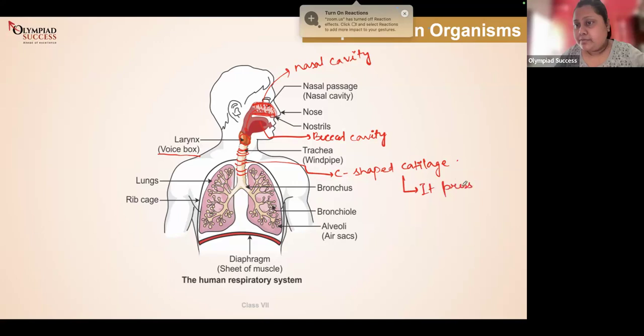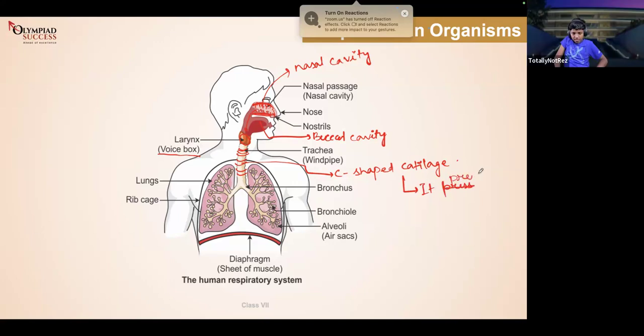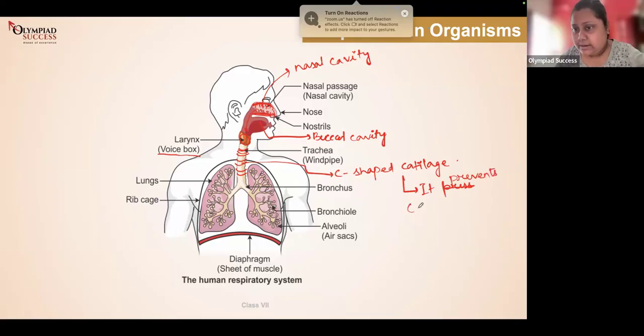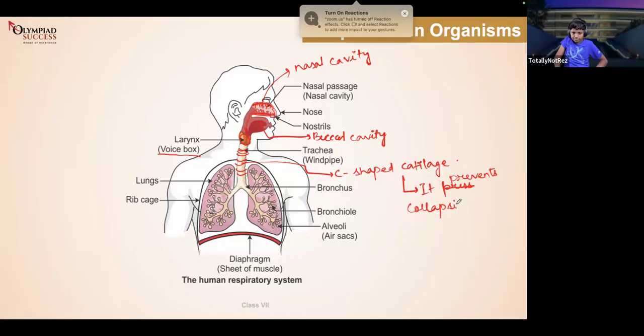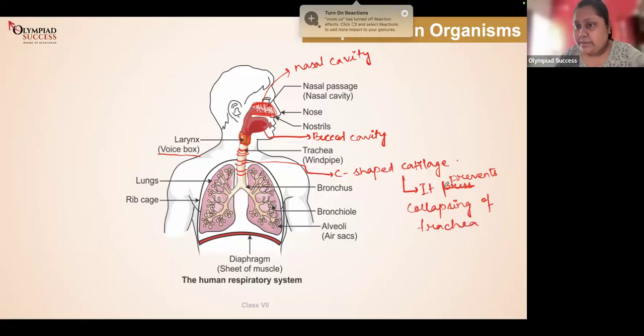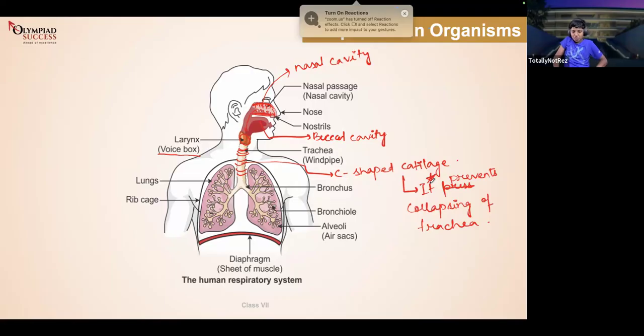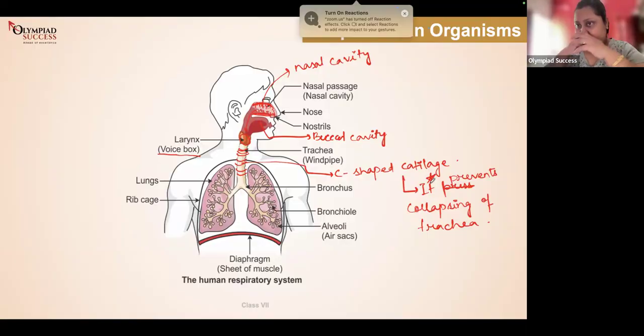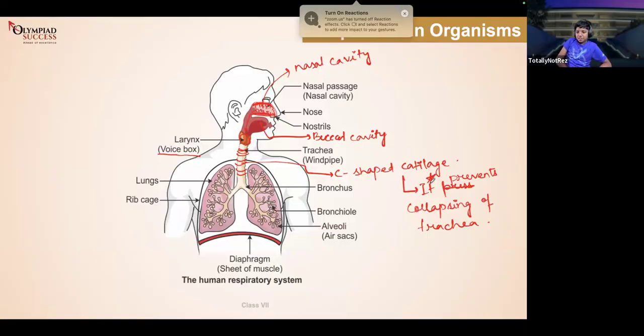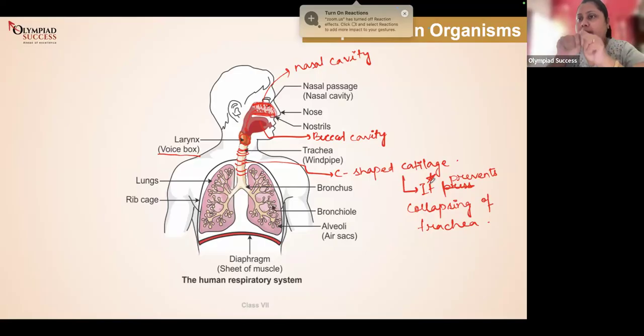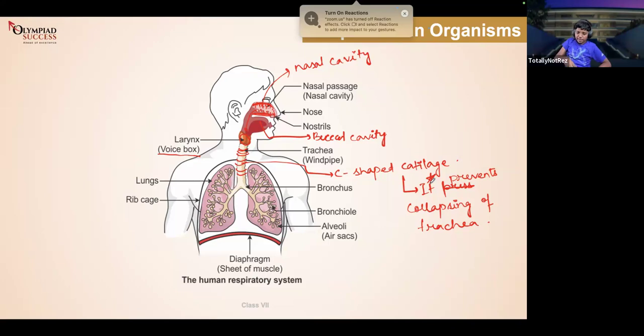It prevents the trachea from collapsing. What do you mean by collapsing? A pipeline cannot break. It holds it, makes it stable, makes it straight.